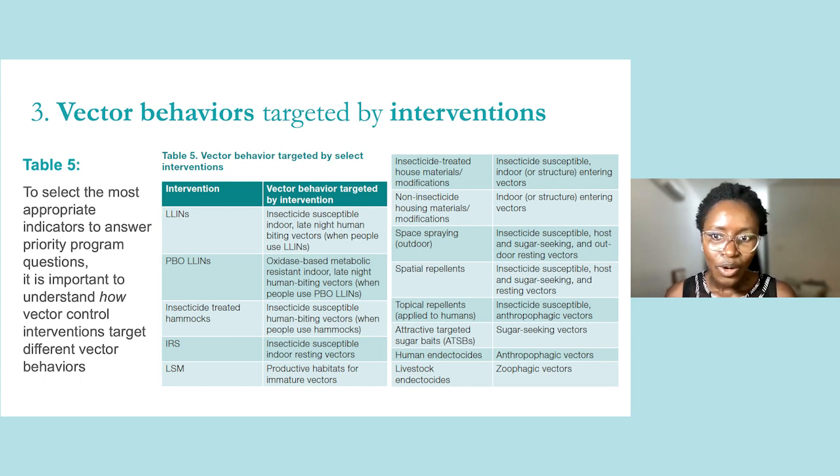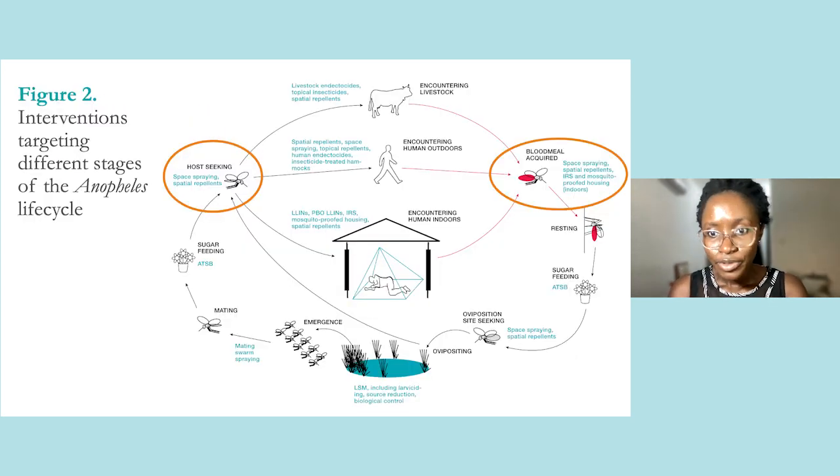For example, we can see here that IRS targets insecticide-susceptible indoor resting vectors, whereas attractive targeted sugar baits target sugar-seeking vectors. Understanding the Anopheles mosquito's life cycle and the specific points where vector control tools intervene to kill or repel mosquitoes is important to understand how malaria interventions function.